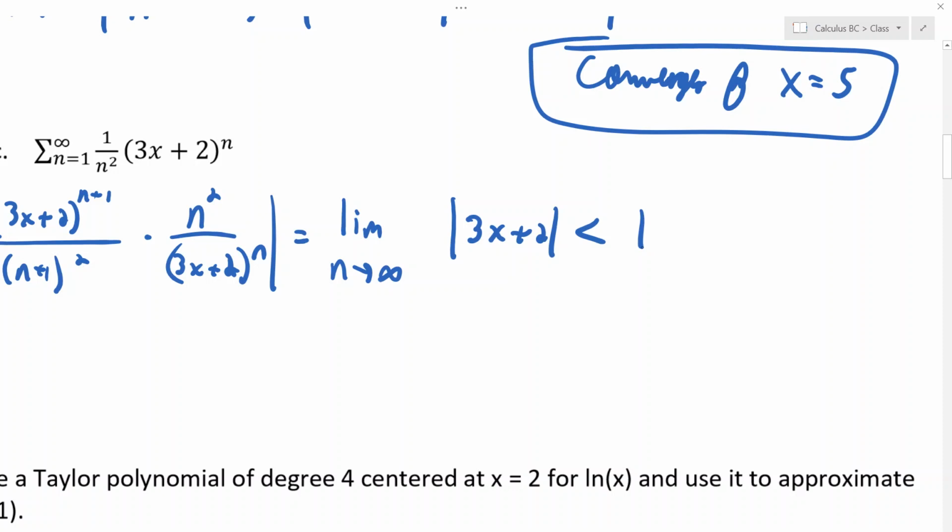Now, what I'm telling you is when you get to this step, you need to get on the left-hand side, in the absolute value, x minus the center. Not 3x, 1x minus the center, which means what do I need to do? We're not going to subtract 2, we're going to divide by 3. You don't want to subtract and add.